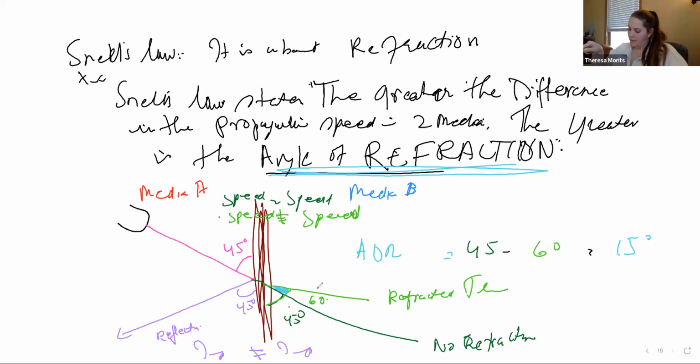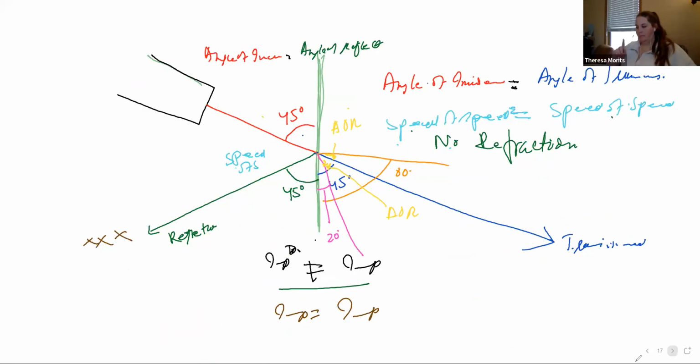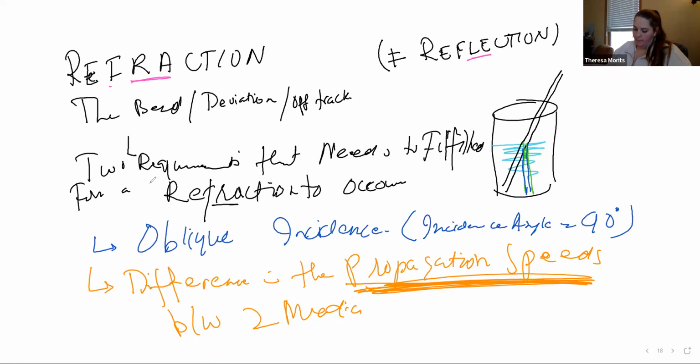So if speeds are not the same, then refraction occurs. Exactly, because then your second requirement for a refraction is fulfilled. We had an oblique incidence and we had different speeds. What do we need? We need an oblique incidence, meaning any angle of incidence that was anything but 90 degrees.